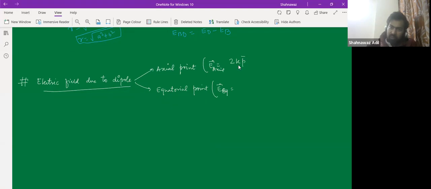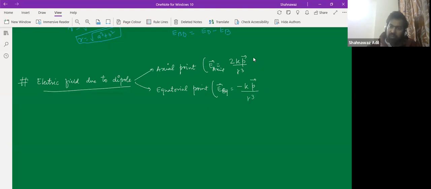Absolutely right. Good. And what about the equatorial one? KP by R cube. Yeah, both will vary like R cube, right?